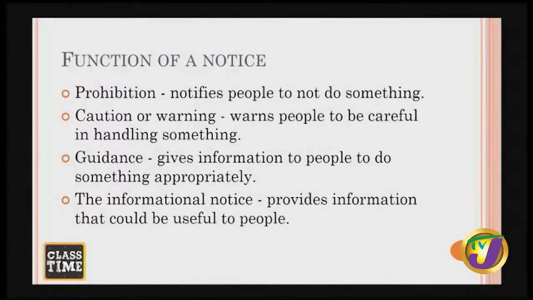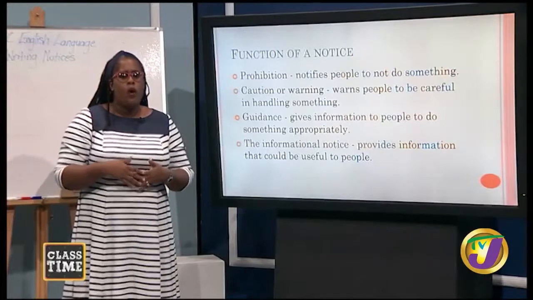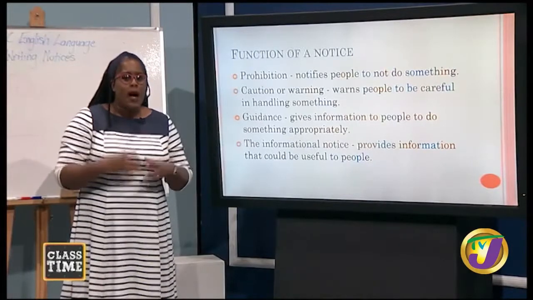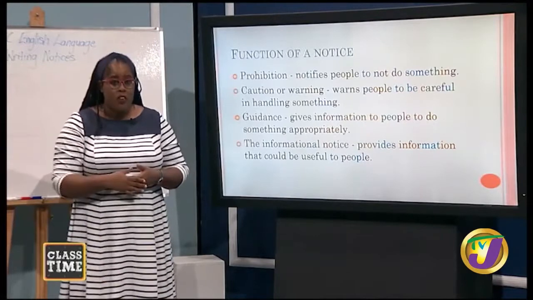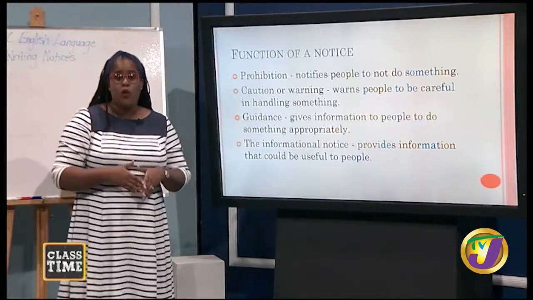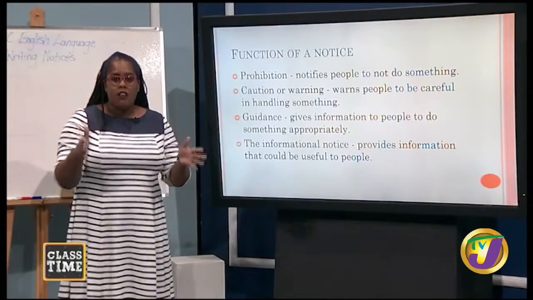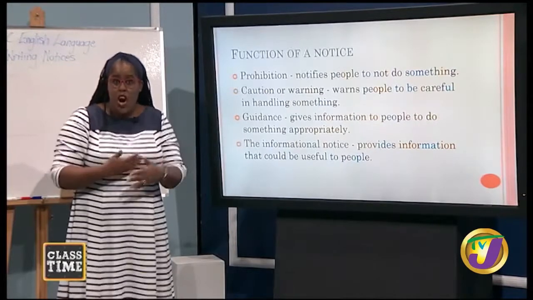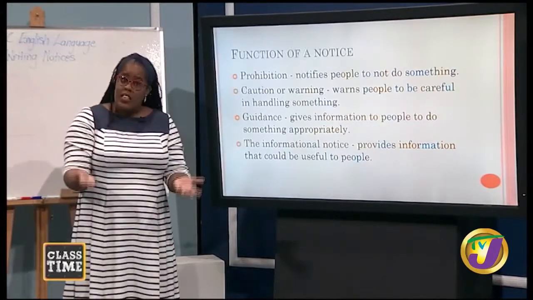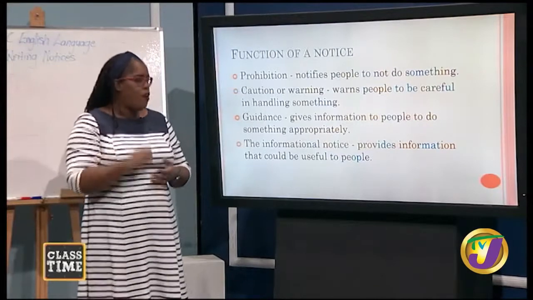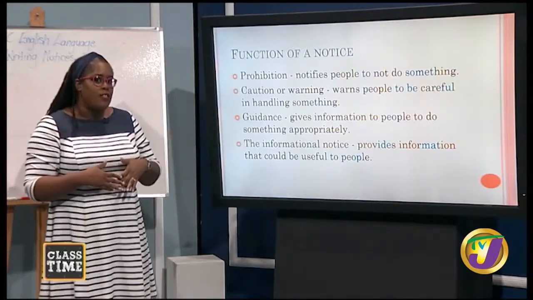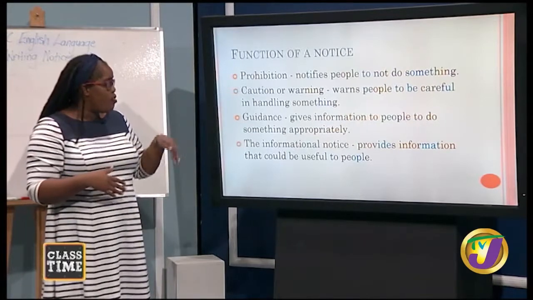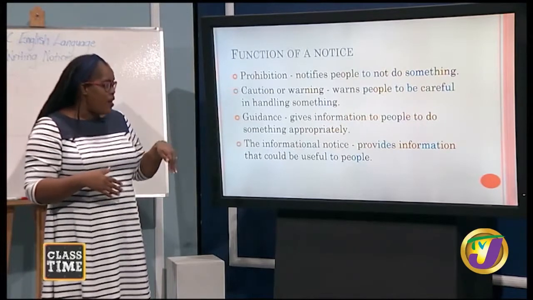We have been seeing it frequently since COVID, where they tell you no mask, no entry, sanitize before entering. Guidance. So those are what we would call guidance notices. So you see, we're learning here. We see the importance of notices. Very good. So we understand the different types of notices that we have so far: prohibition, caution, guidance.